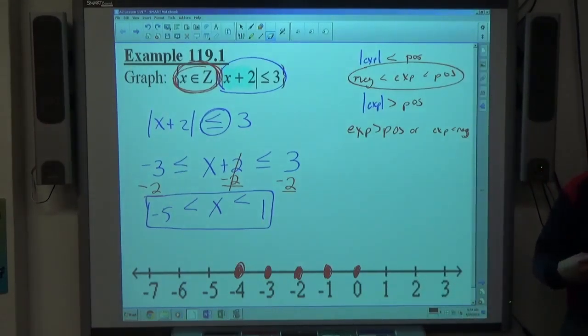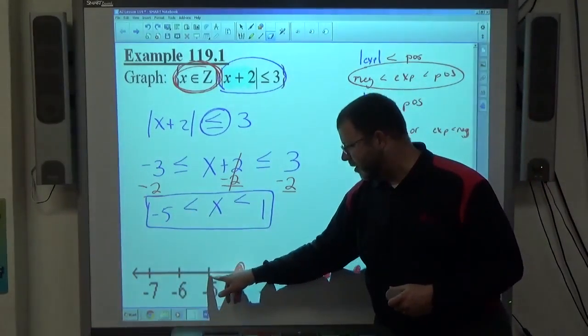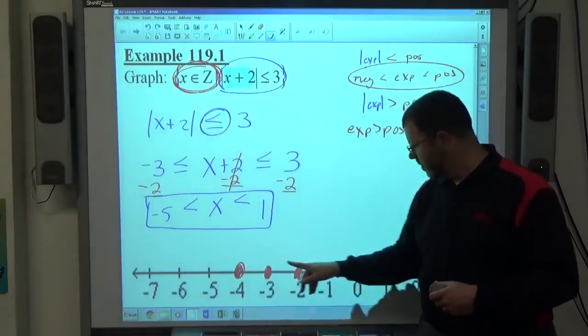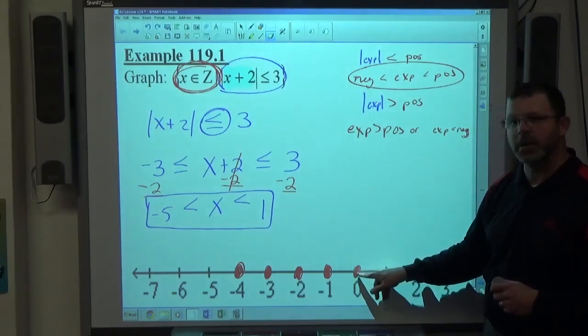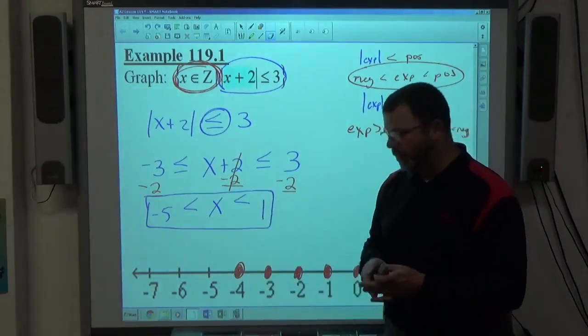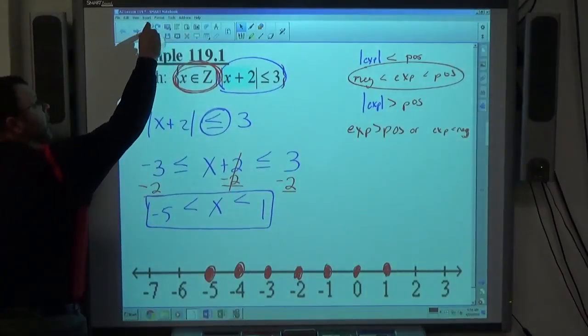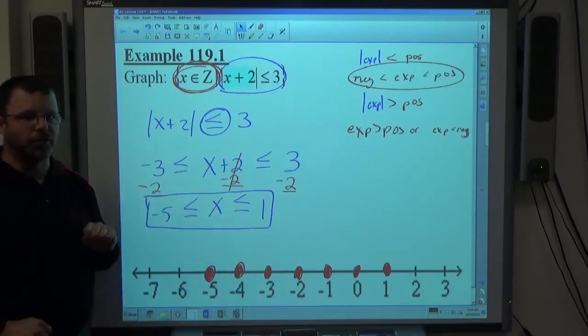They're just not included, because just bigger than negative 5 is not an integer. Still not an integer, still not. There's the first integer that's true. Just less than 1 is not an integer. Still isn't. Now it is. First integer. That's what happens with the equals to. So if the equals to isn't there, that's how you handle it. In this case, we did have the equals to, so we do graph the negative 5 and the positive 1.